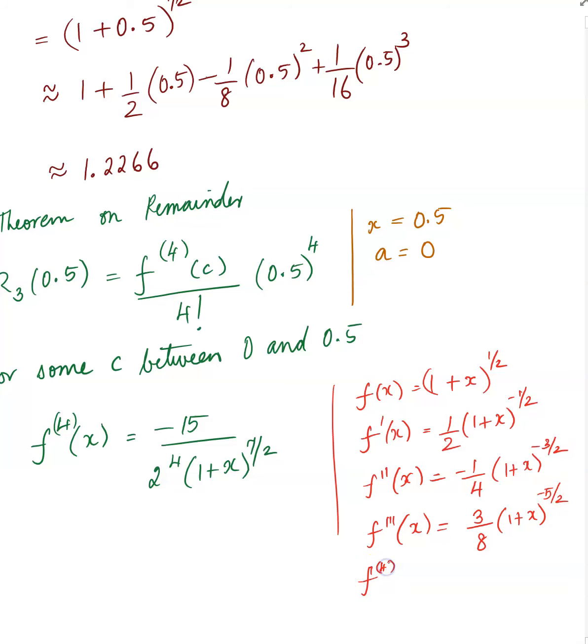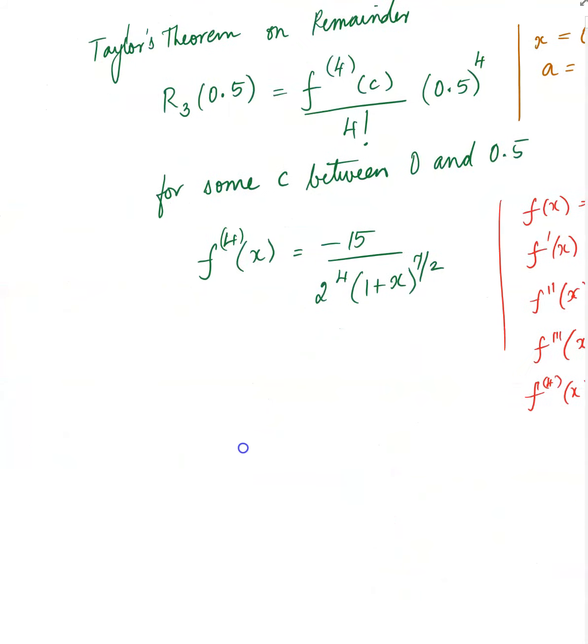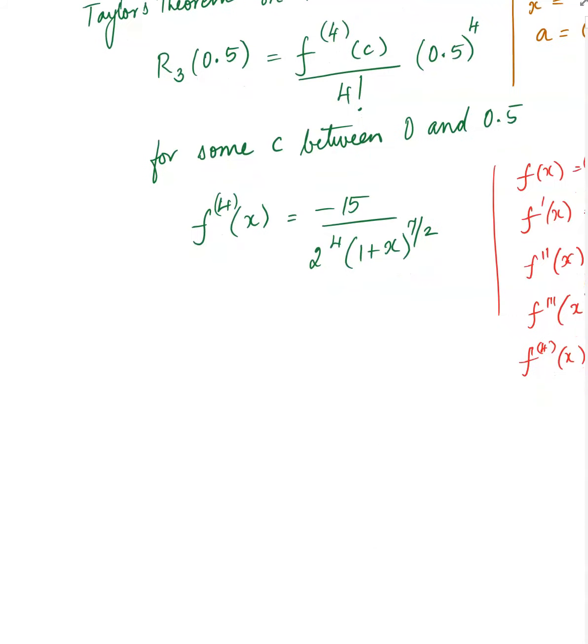And f fourth of x would be negative 15 over 16, times 1 plus x power negative 5 over 2 minus 1, which is negative 7 over 2. And you can relate that right away here. It's negative 15 over 2 power 4, and 2 power 4 is 16. The negative 7 over 2 on the top is brought down to the denominator with a positive power. So we know that this is true.